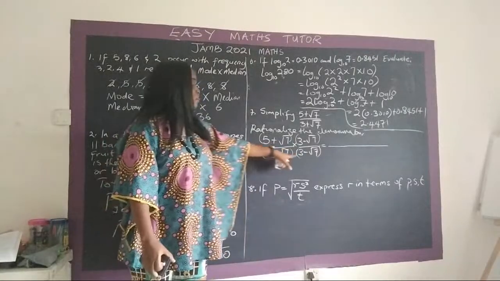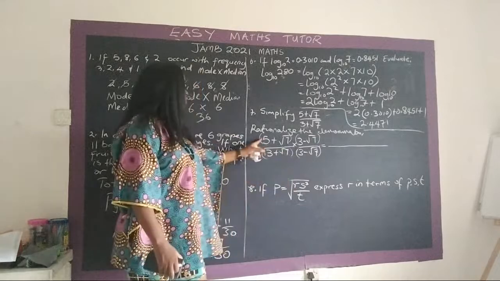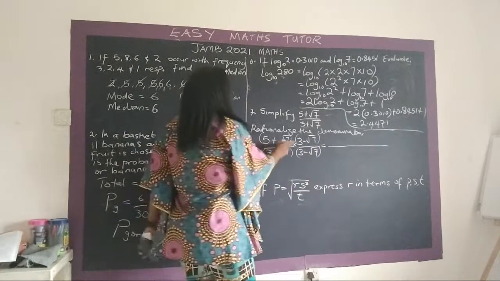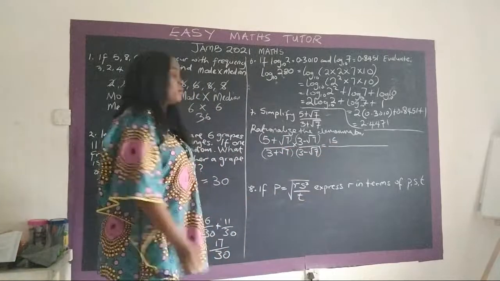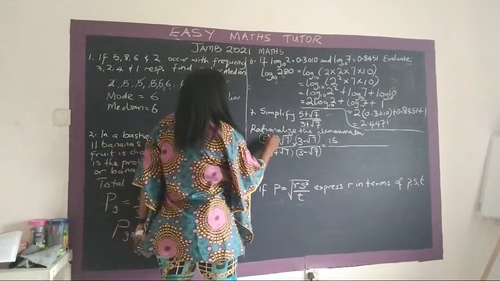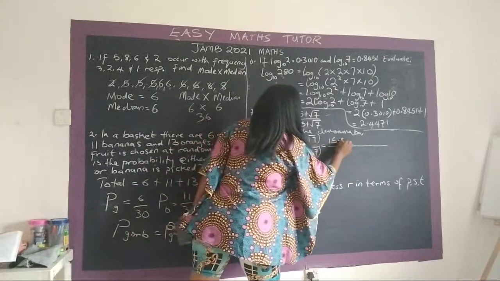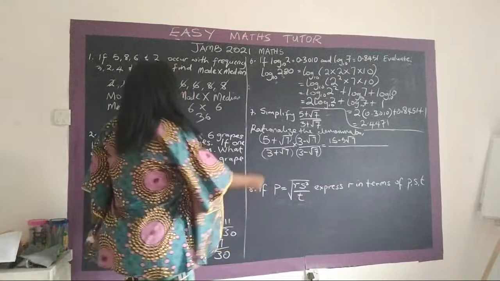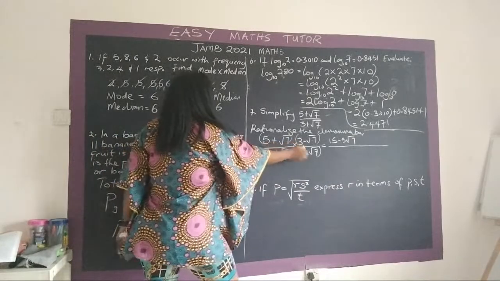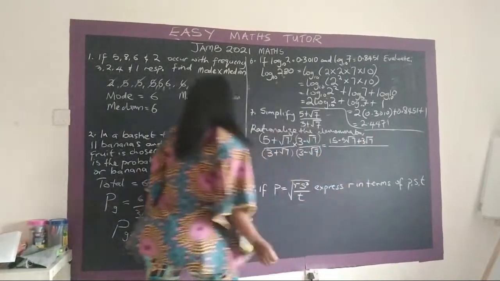So 5 times 3 will give us 15. 5 times minus root 7 will give us minus 5 root 7. Root 7 times 3 will give us plus 3 root 7.